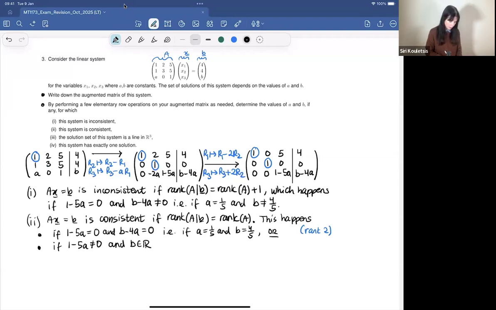B can be any real number. So if A is not equal to 1/5, then the system is also consistent. And then we have rank 3 in the augmented matrix, which is equal to the rank of A.